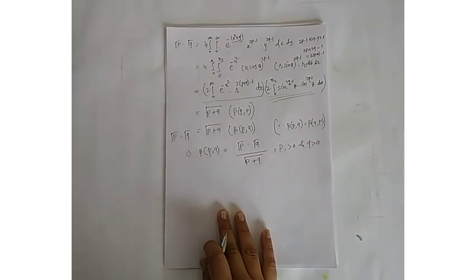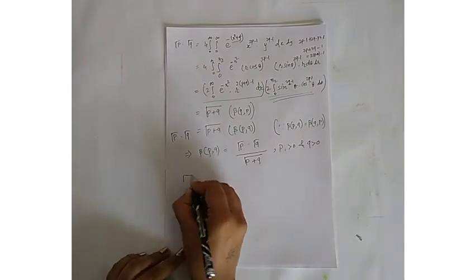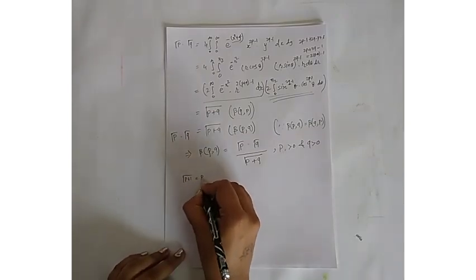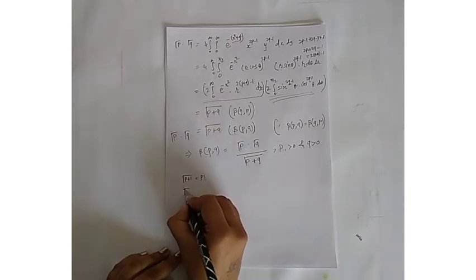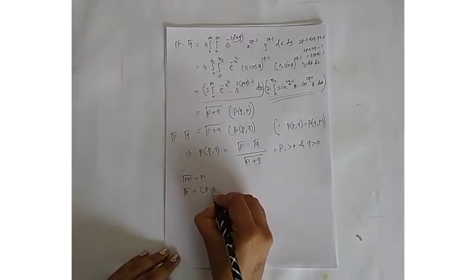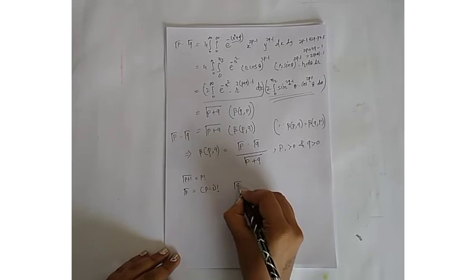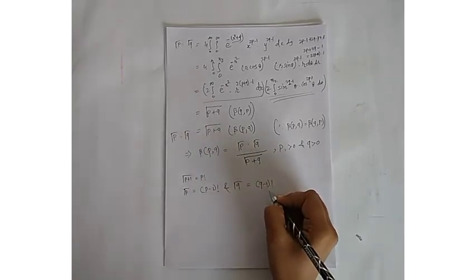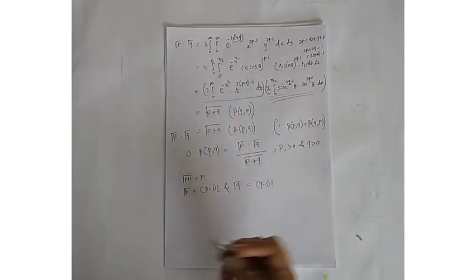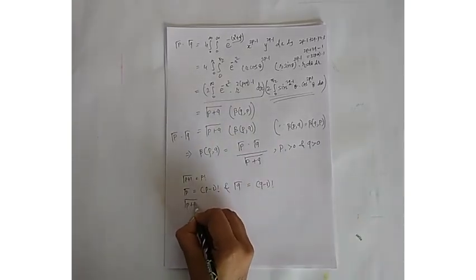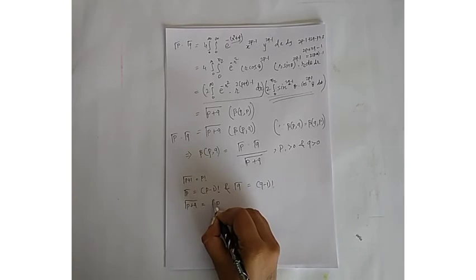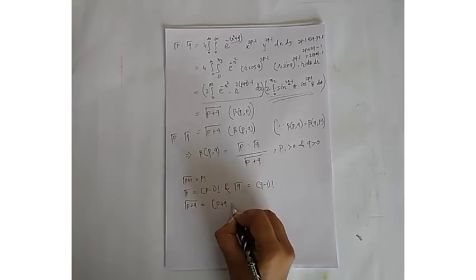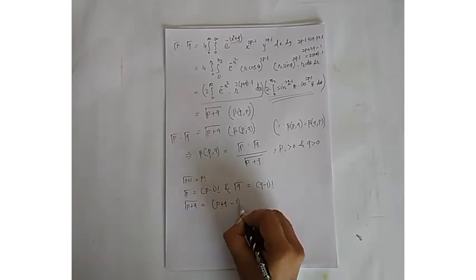Earlier we have proved that gamma p plus 1 is equal to p factorial. So gamma p is equal to p minus 1 factorial, gamma q is equal to q minus 1 factorial, and gamma p plus q is equal to p plus q minus 1 factorial.